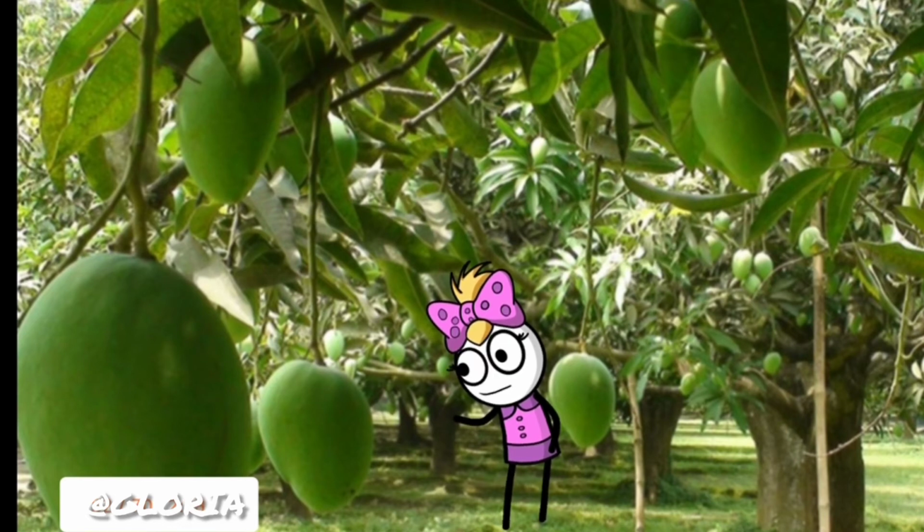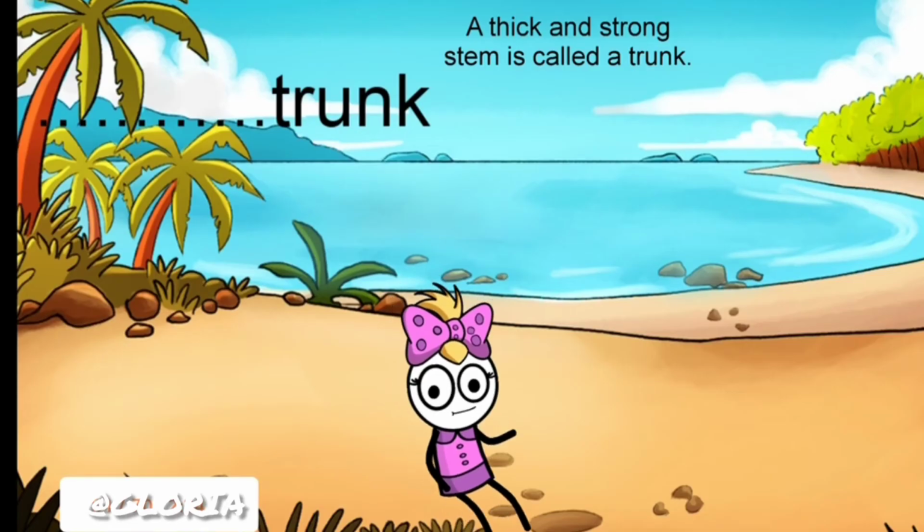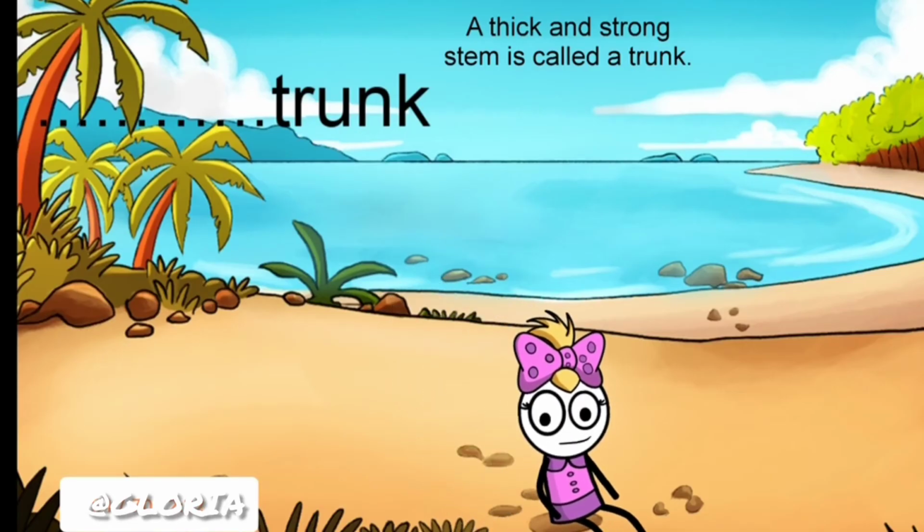Which tree is this? Yes, this is mango tree, and the stem of this tree is also very thick and strong. So we will call it as the trunk. So we can say that the thick and strong stem is called a trunk.